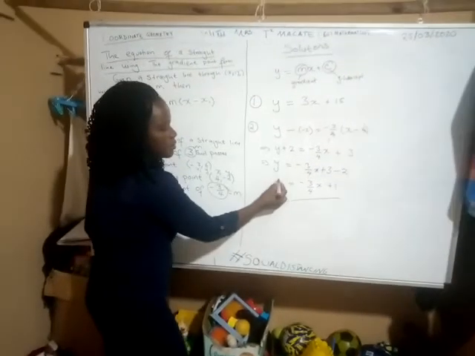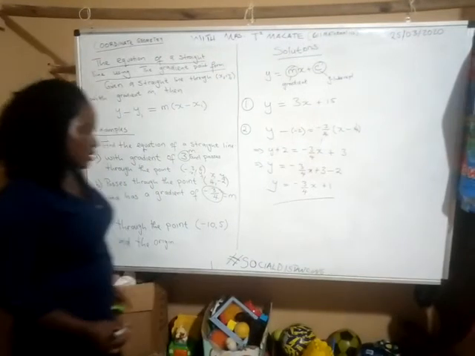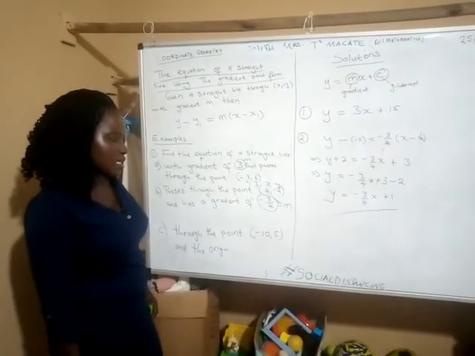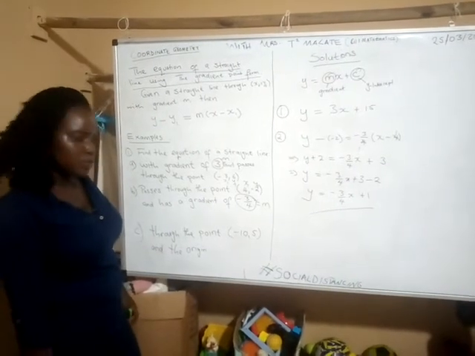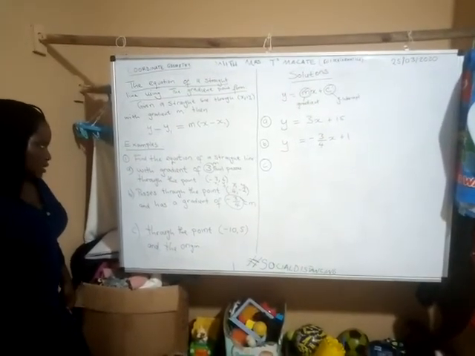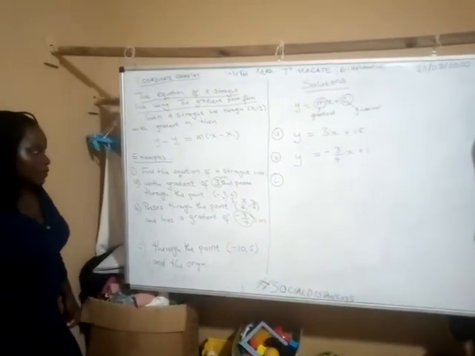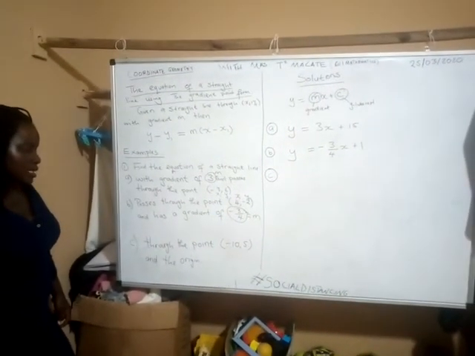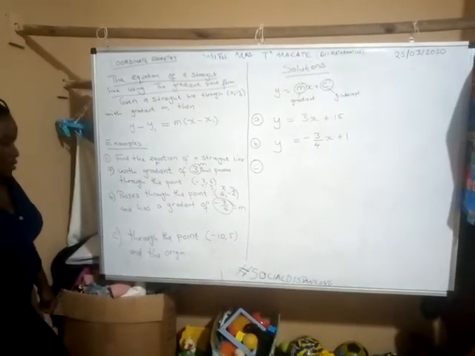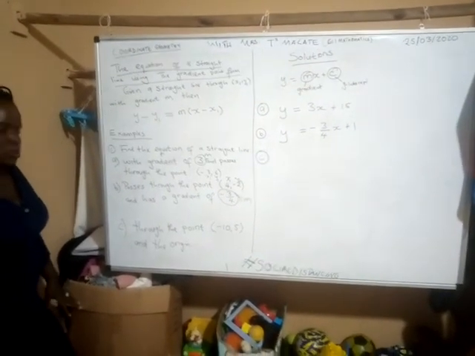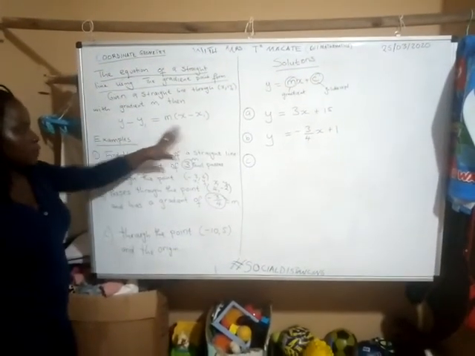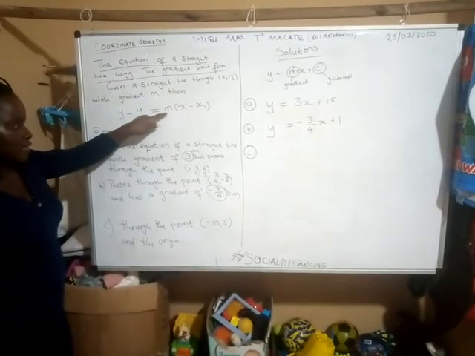We have found the equation of the line passing through 4, negative 2 with gradient negative 3 over 4. The last question says find the equation of a straight line through the point negative 10, 5 and the origin. So the last question has 2 points, meaning for us to use our one-point formula, there is need for us to find the gradient.